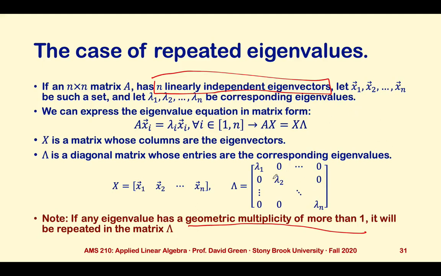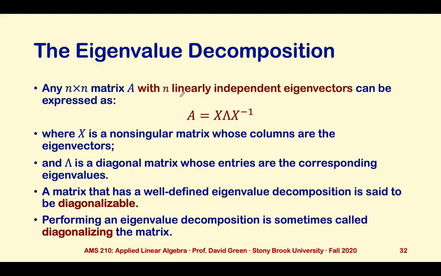And all that means is that it would be repeated in this matrix, that we may have the same eigenvalue appear on the diagonal. As long as we have n linearly independent eigenvectors, we can do this. But if we ever have a case where we have fewer linearly independent eigenvectors than n, we will not be able to write this in the same way.